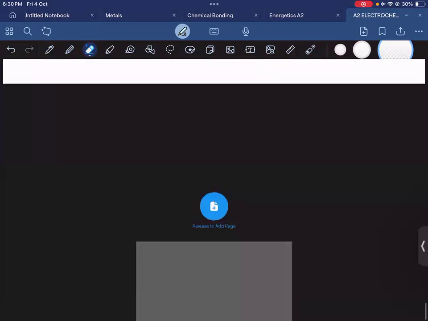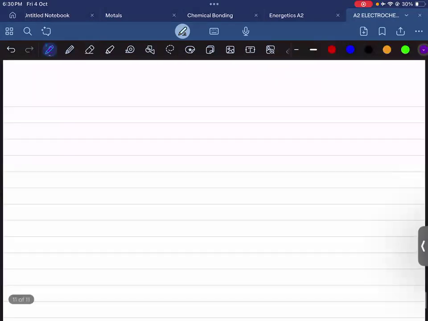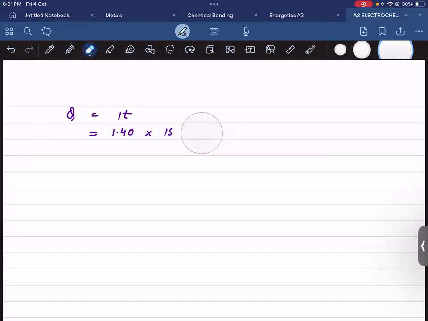First of all, again the same formula, Q is equal to IT, in which you are given the current, 1.40 amperes, and the time, 15 minutes. You would convert the minutes into seconds, so I would be multiplying 15 by 60. Can you tell me an answer?